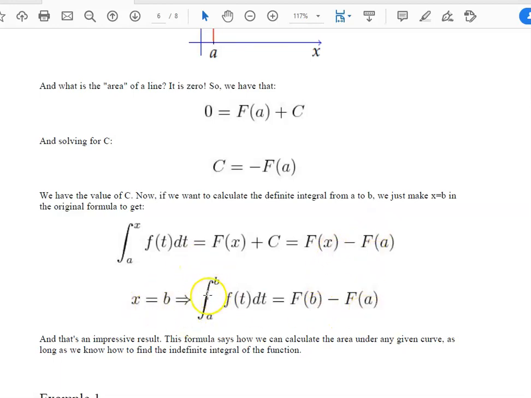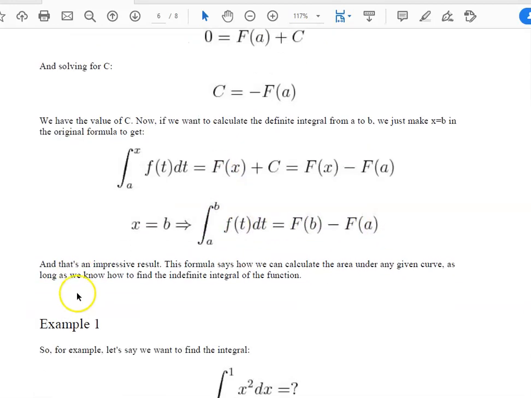So the integral from a to b of f of t dt is F of b minus F of a. And that, they say, is really impressive. What happened to the c? The c's cancel because we just subtract them. This has a plus c, this has a plus c.